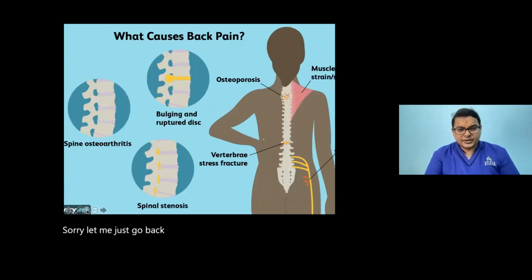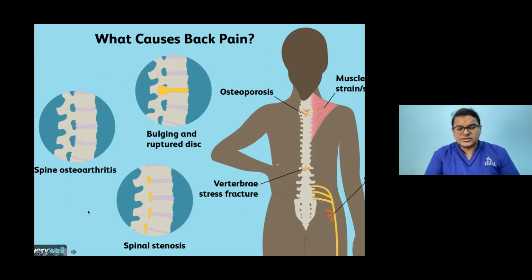So the break in the vertebra causes this particular vertebral collapse. And if it's acute, then it causes severe pain where the patient is not able to get up or move. This happens in people whose bones are very weak, or if you fall from a height. So where there's a break, it becomes completely fractured.